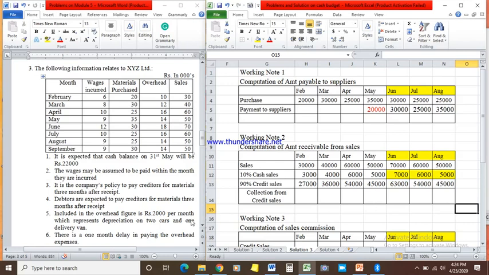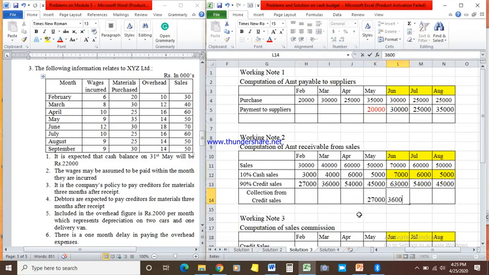Now what about credit sales? Debtors are expected to pay 3 months after receipt, which is 3 months from the month of sales. So 27,000 is the credit sales in the month of February; this we are going to receive after 3 months, so 27,000 falls here.